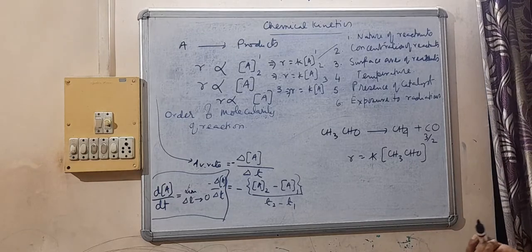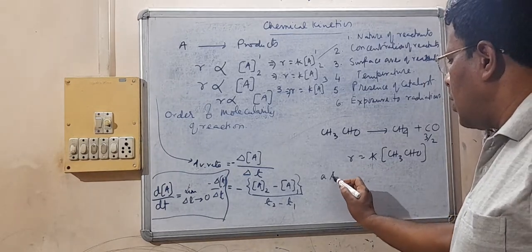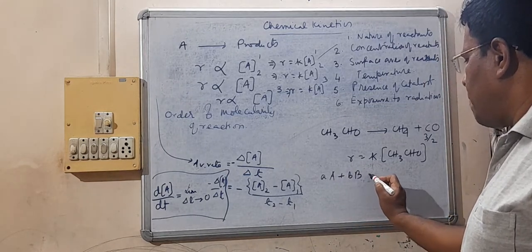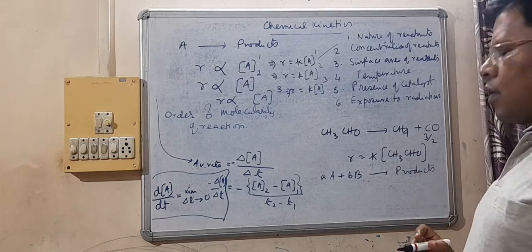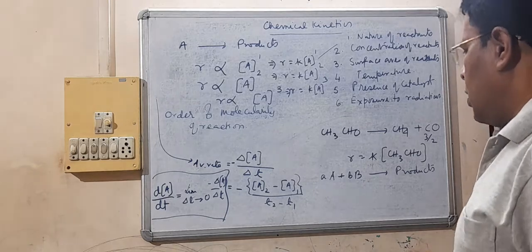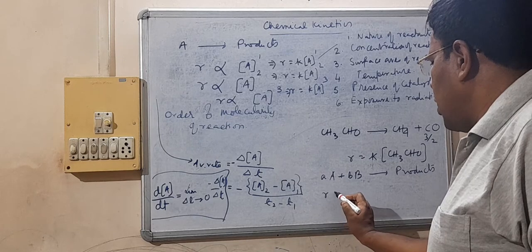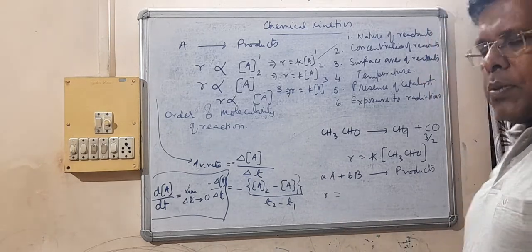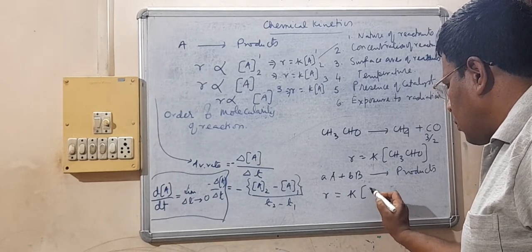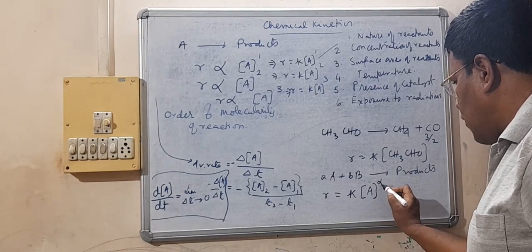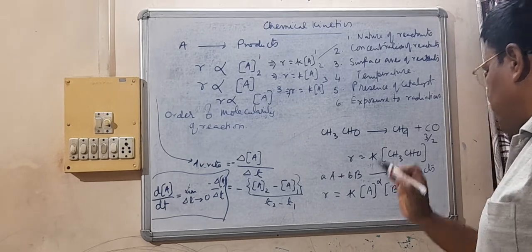Now, coming to the general case, suppose we have a reaction aA plus bB arrow products, and suppose after performing the experiment, the experimental rate law is found to match A to the power alpha, B to the power beta.